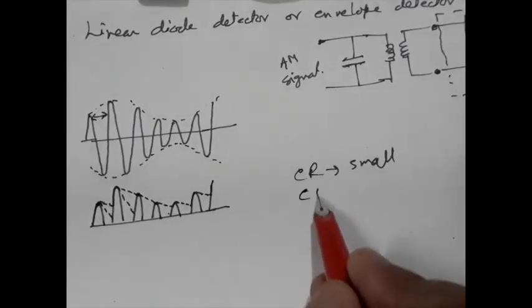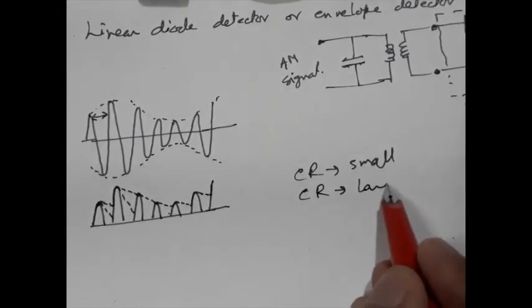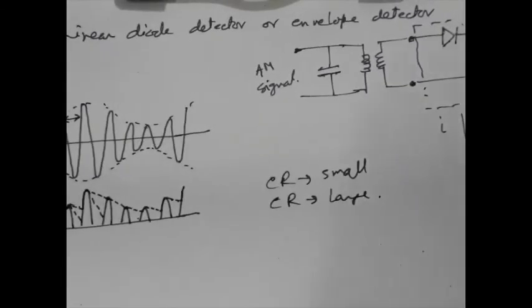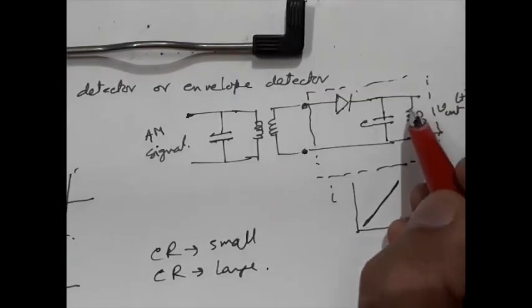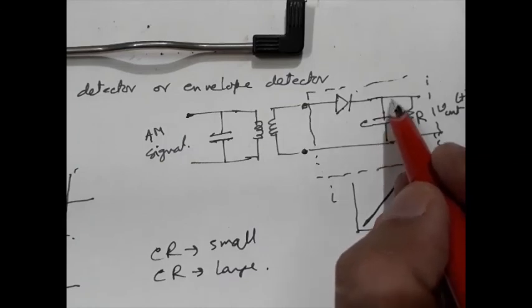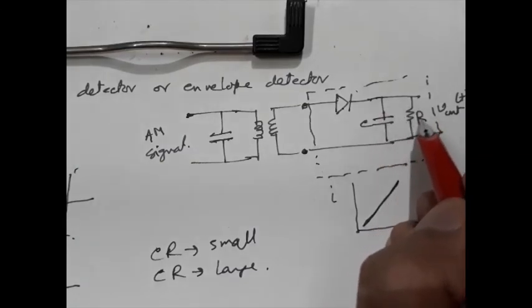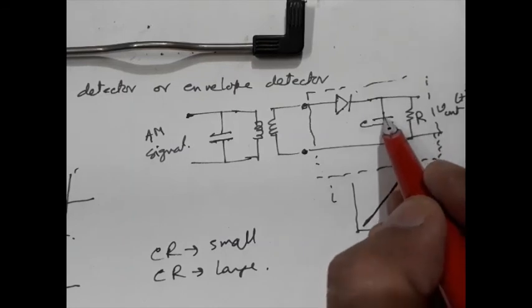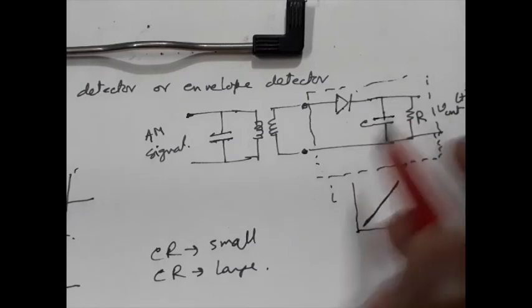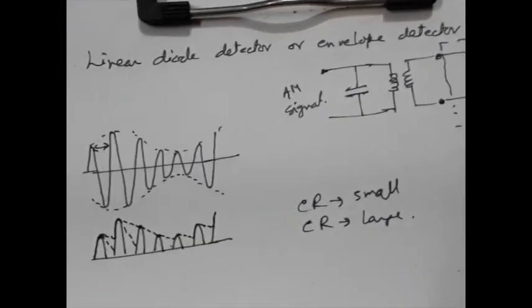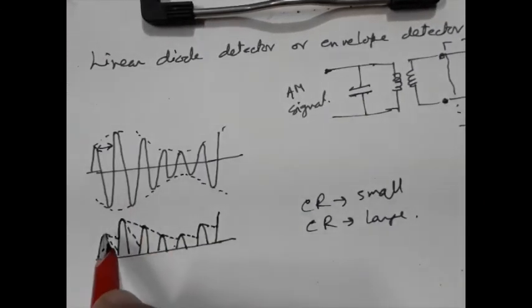Now if we make CR large, what will happen? If CR is made large, then since the capacitor voltage is discharging through this path and this resistance is R, the capacitor voltage will be able to hold its charge for a longer period of time, right? So under this condition, the capacitor voltage will be almost horizontal like this.